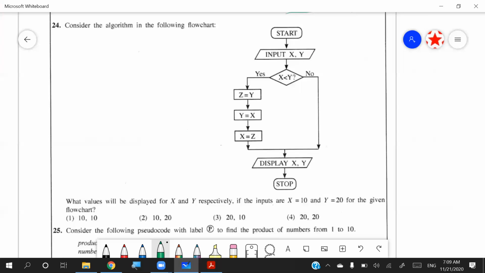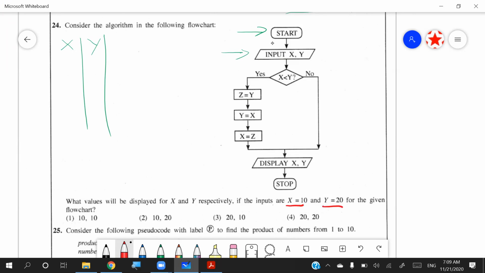So let's start. The first statement, it will start and input X and Y. So in my hand tracing part, I will have an X column and a Y column, right? In the X, they have said X can be taken as 10 and Y can be taken as 20.